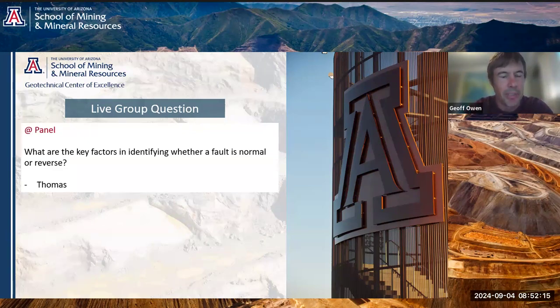But in a brittle system, they can be fairly beneficial to see what your displacement is. So the proximal fracture patterns can give you an idea of what your principal stress direction is on that structure. So you should see these conjugate patterns relative to your fault plane, which can help you understand if it's a reverse or normal fault.